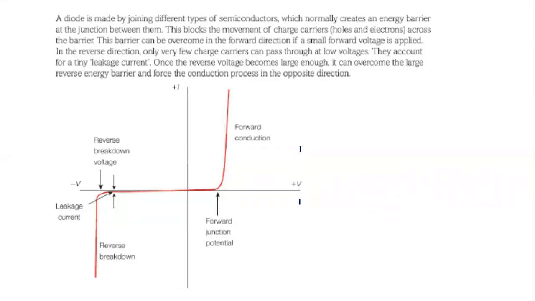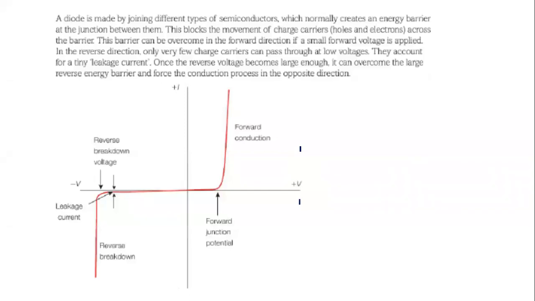The junction where the two semiconductors are joining with each other, you create a barrier of energy. What does this energy barrier do? This barrier blocks the movement of your electrons across it.